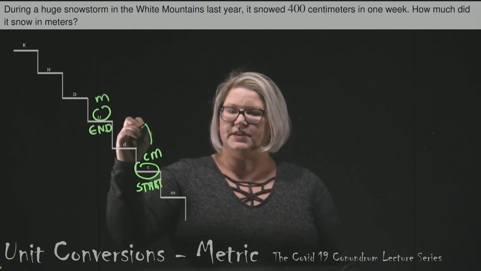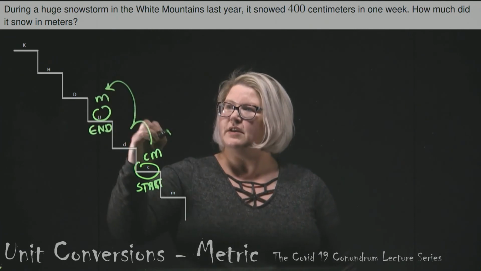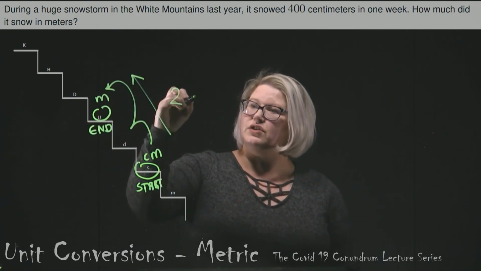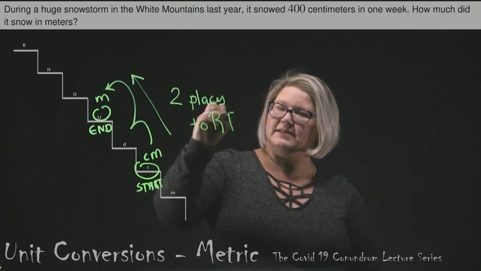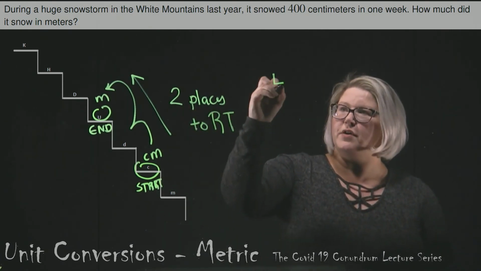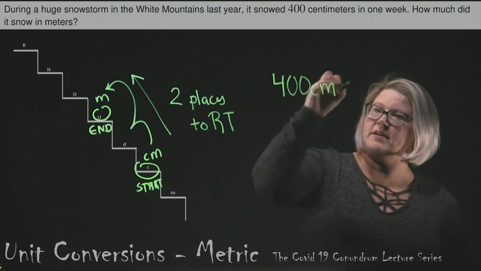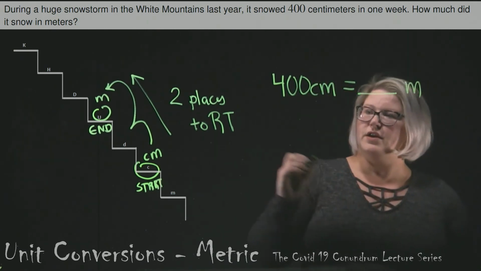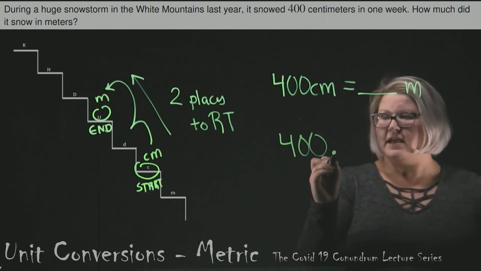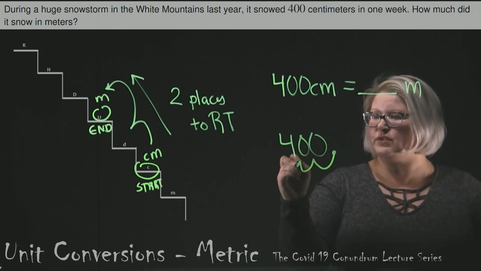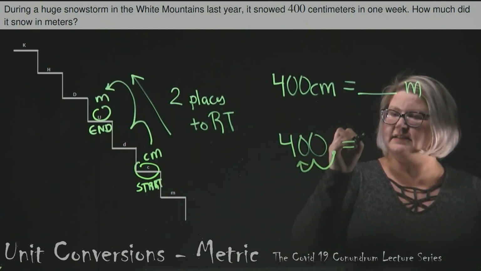So centimeters up, 1, 2 steps. If you go up 2 steps, that's 2 places to the left. So if you start with your 400 centimeters, here's 400, my decimal point's here. I'm going to move that over 1, 2 spots, and that's going to give me 4.